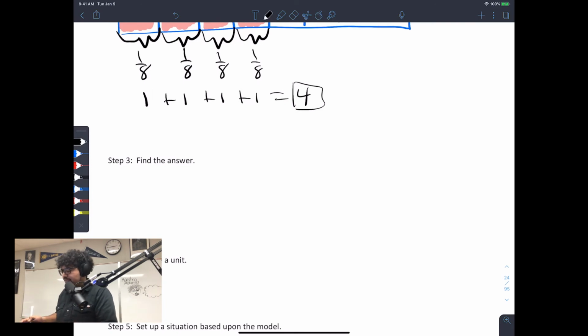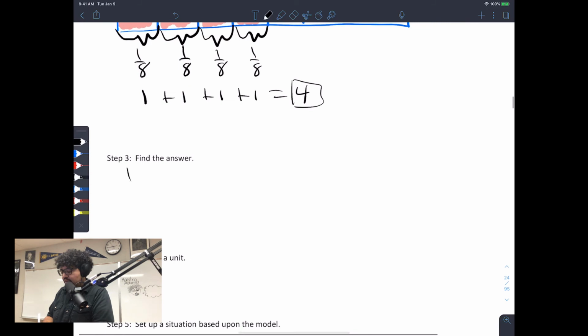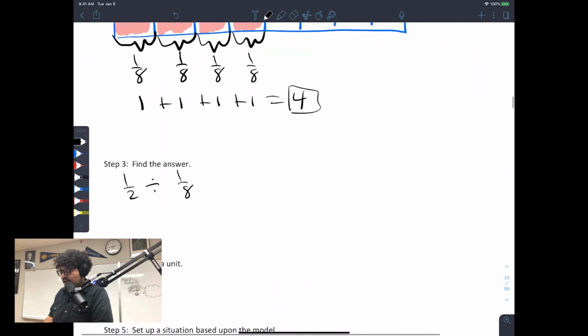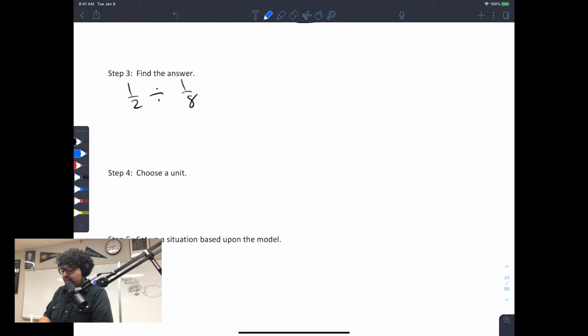Okay, so now step 3 is asking us to find the answer. So I had 1/2 divided by 1/8. We said that we can find common denominators by turning the 2 into an 8 by multiplying by 4. So then this would be 4/8 divided by 1/8. 8s will cancel, and this is equal to 4/1, which is 4.